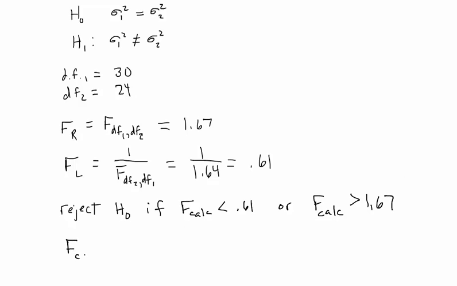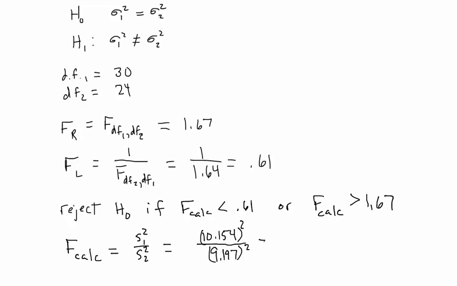And FCalc is equal to S1 squared divided by S2 squared, which is equal to our S1 was 10.154 squared divided by S2, which is 9.197 squared.